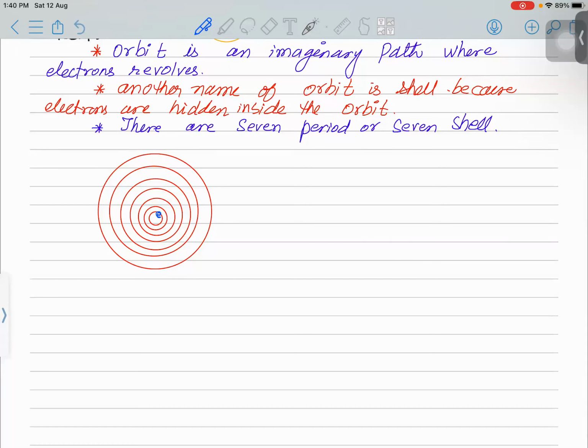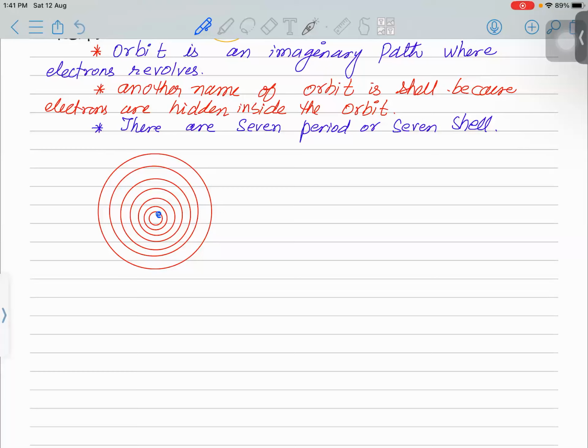The first shell has low energy, the second shell has higher energy, and the 7th shell has the highest energy. As we move away from the nucleus, the energy of the electron increases, because as we move farther away, the attraction of the nucleus decreases.